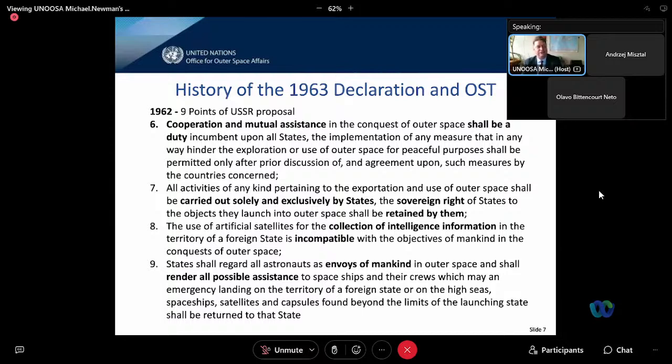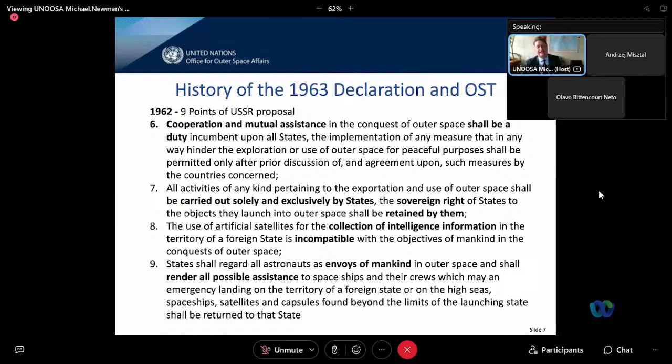This is an interesting position of the Soviet Union at the time. And then the sovereign right of states to their objects shall be retained by them. This language we will see come through in the Outer Space Treaty, in the ownership of objects launched into outer space. The use of artificial satellites for collection of intelligence information is incompatible with the objectives of mankind.